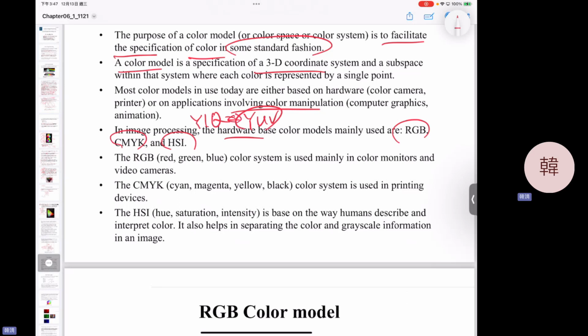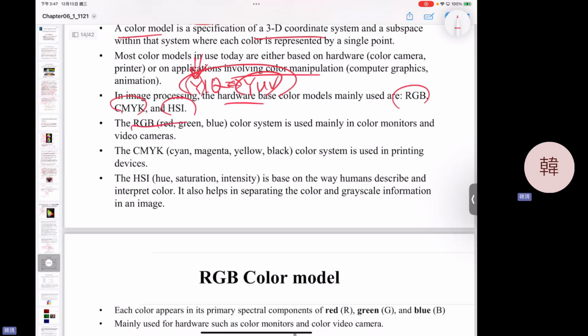This is similar to YIQ. This is the TV system, because previously we had black and white television, right? Nowadays no one sees a black and white TV. We always have color. However, this is a very good representation for a grayscale TV. So it's the white there. We'll see the coefficients later.